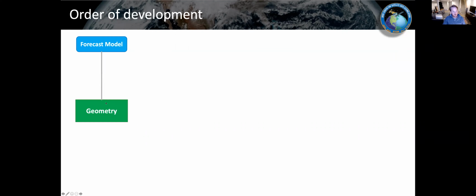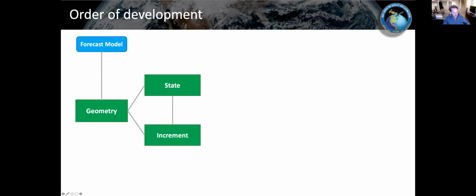Once you've generated your geometry, you would add a test to make sure the geometry is working properly. And then you'd go ahead and add your state and increment classes. Both of these things require the geometry, as we saw in the interfaces.